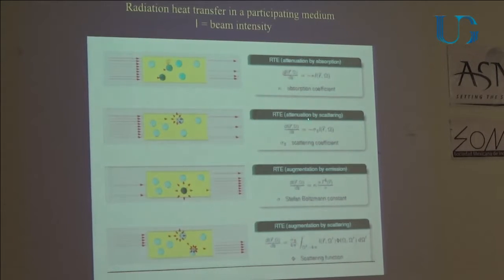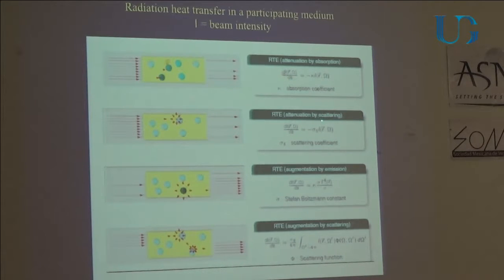Again, the attenuation due to scattering will be a similar effect to that of absorption. The reduction of the intensity will be proportional to the intensity itself. So the constant of proportionality would be the scattering coefficient.